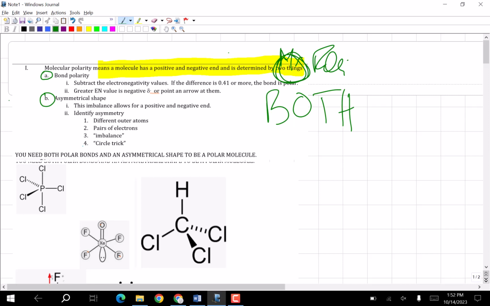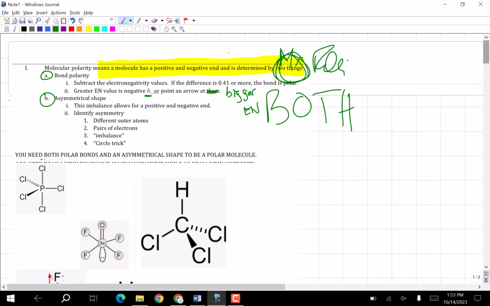If greater electronegativity value is delta negative, we're going to draw the arrow at the bigger EN. EN is electronegativity. It also needs an asymmetrical shape. This imbalance allows for a positive and negative end. Otherwise, a balanced shape will cancel it out.